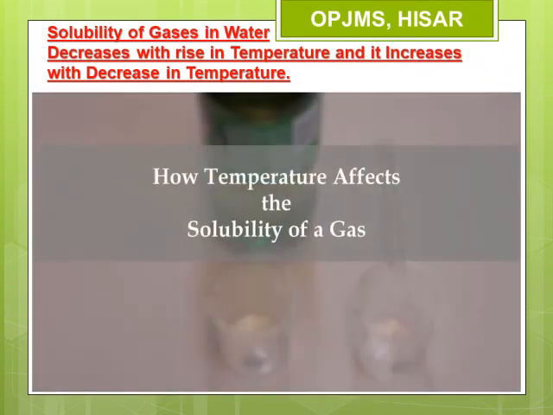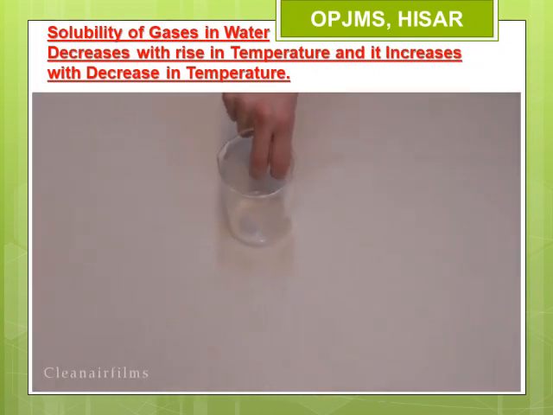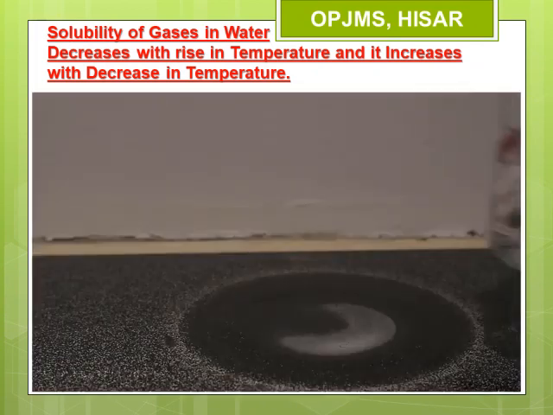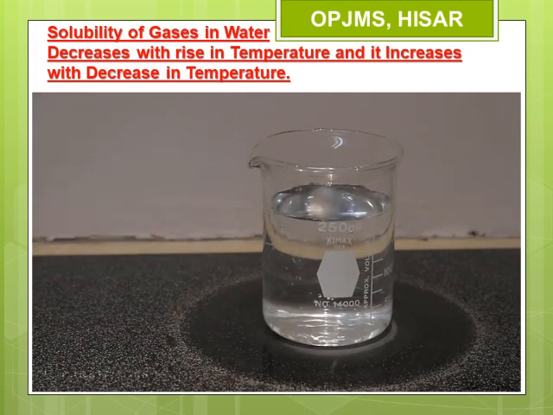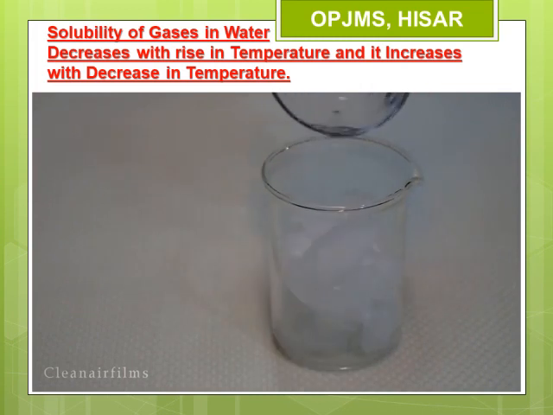Today, in this experiment, we are going to demonstrate how temperature affects the solubility of a gas. Let's start by boiling some water in a beaker. In a second beaker, add ice and water.